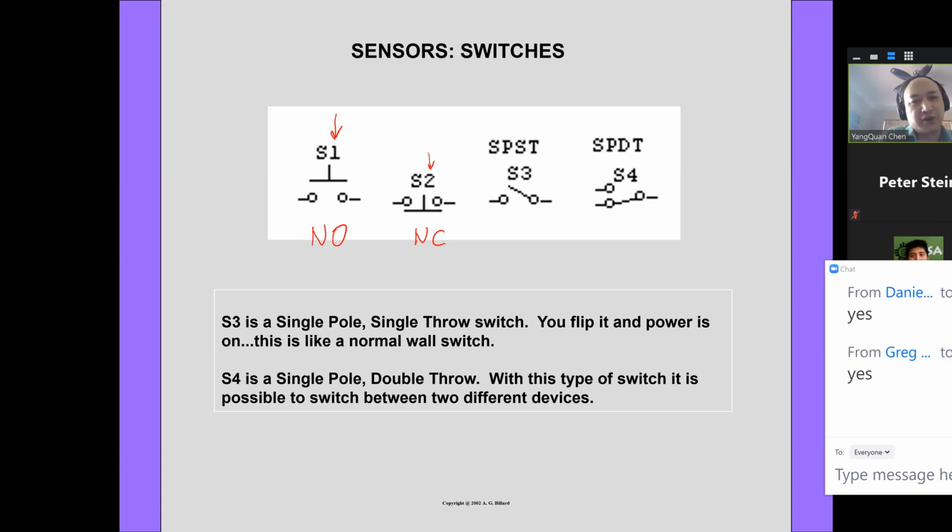Normally closed, normally open. So there are two different notations. And there's also something like SPDT, double throw. So single pole, single throw. This is what we usually use, okay?